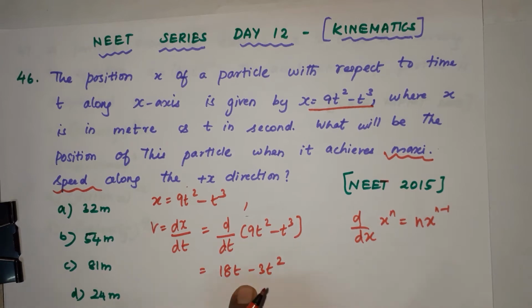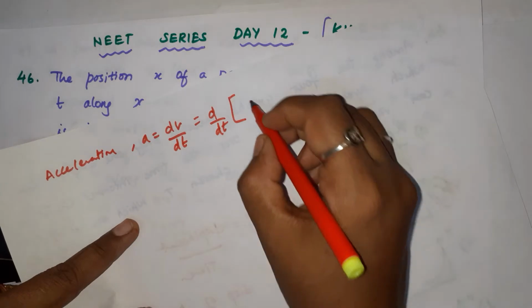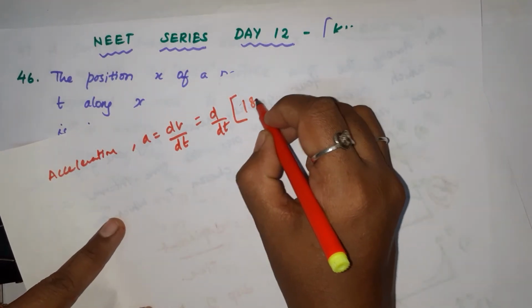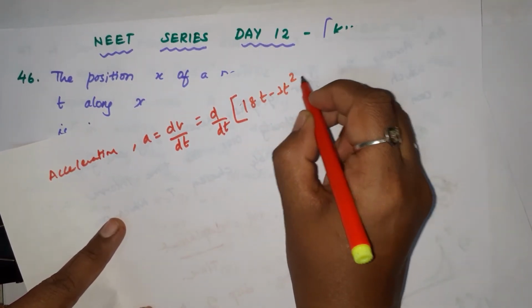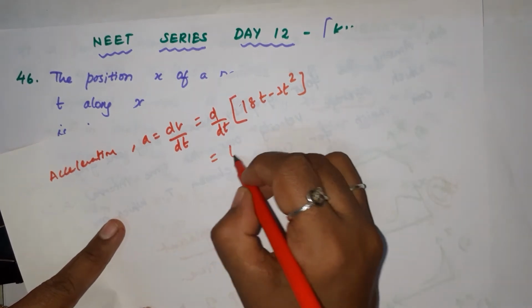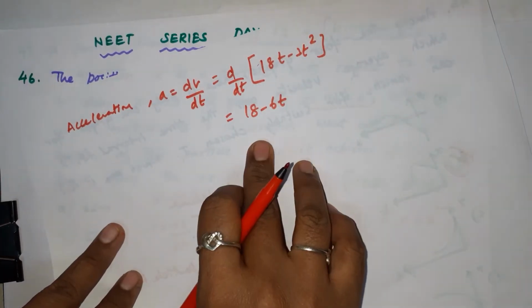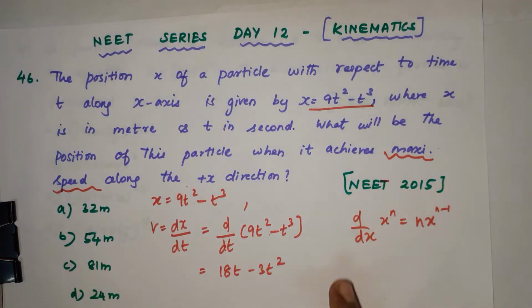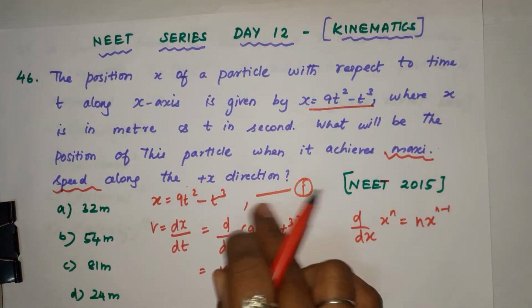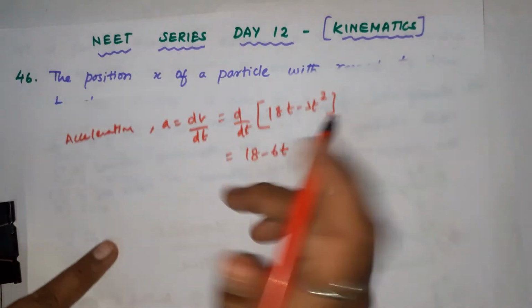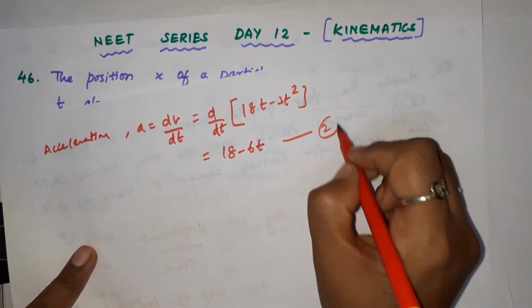Substituting this, d by dt of 18t minus 3t square gives 18 minus 6t. We'll take the given equation as the first equation, and what we found as the second equation.